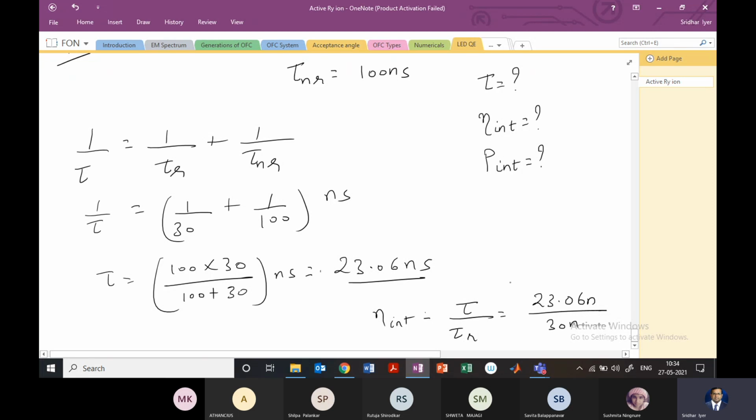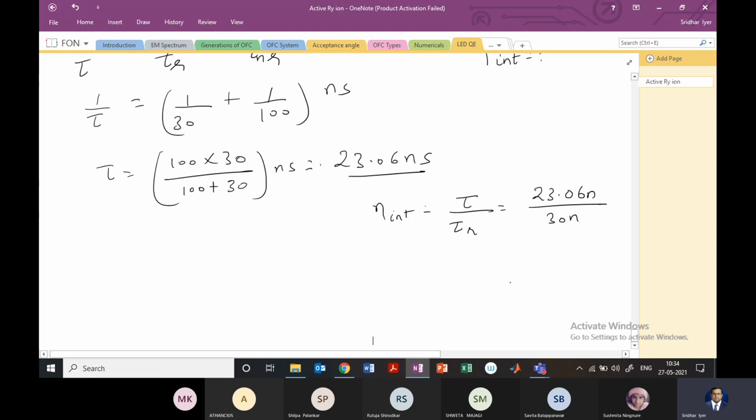The nanoseconds cancel each other. So the internal quantum efficiency will be 0.769. So this will be 76.9%.